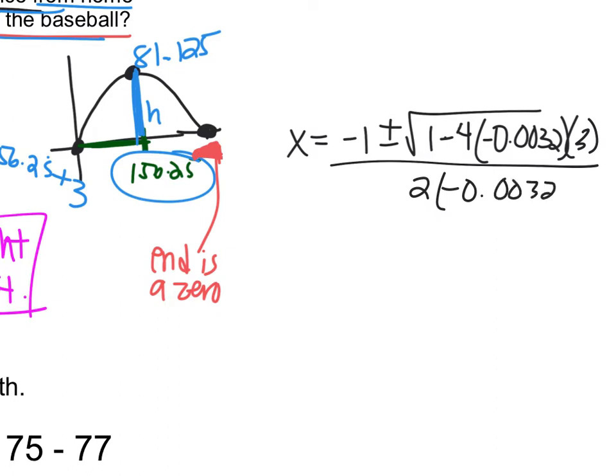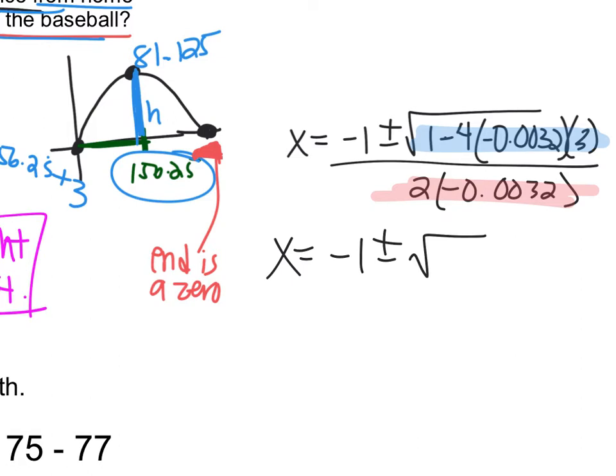So let's use our calculator in a couple spots. Let's use our calculator to figure out what would be underneath the square root, and then also to figure out what would be in the denominator. And then we can figure out what the two zeros would be, the two x values, because there's a plus and a minus. So we would keep x equals -1 plus or minus the square root.